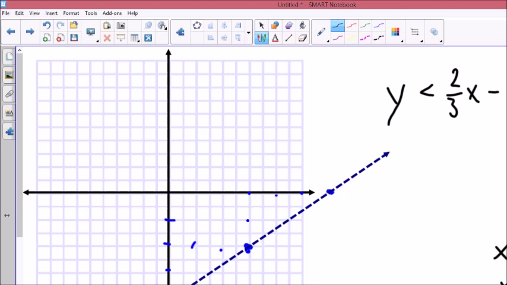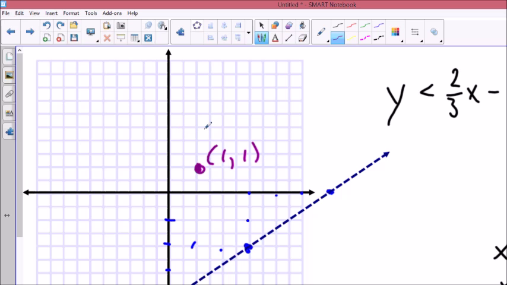Now the next part is that I have to figure out whether my solution set is up above my line or whether it's down below, because the solution set will be on one side of that dotted line or the other. So the best approach is to choose an ordered pair that is not on your line. For example, maybe the point 1, 1. It's not on my line.